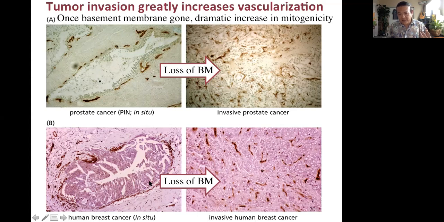But once these tumor cells have turned on the angiogenic switch, then the basement membrane breaks down and you see far more extensive capillaries, allowing what used to be in situ tumor cells to now become full-blown cancer, right? And that really is the hallmark of when we switch from something being called a benign tumor or pre-malignant tumor to really becoming cancer, right? Once those cells have now gained the ability to spread into the surrounding stroma.